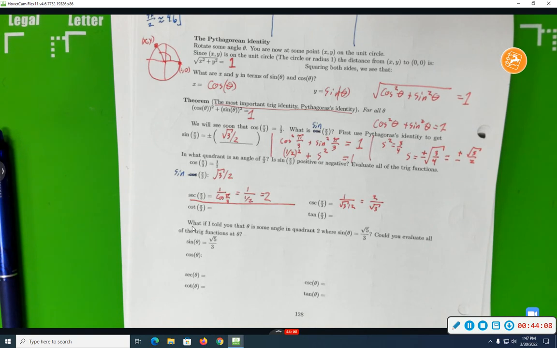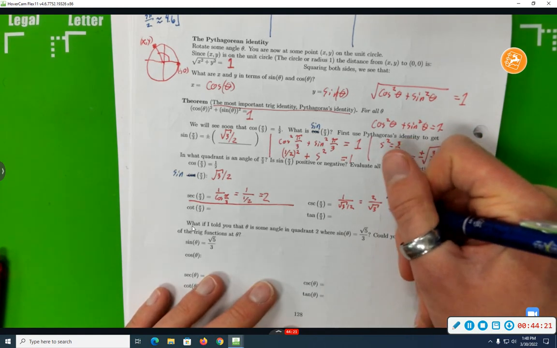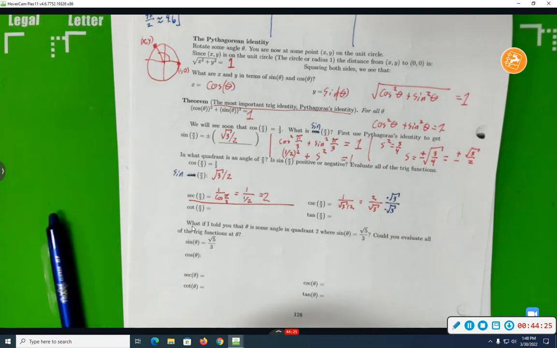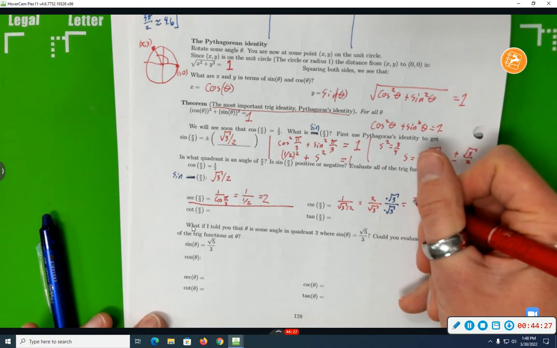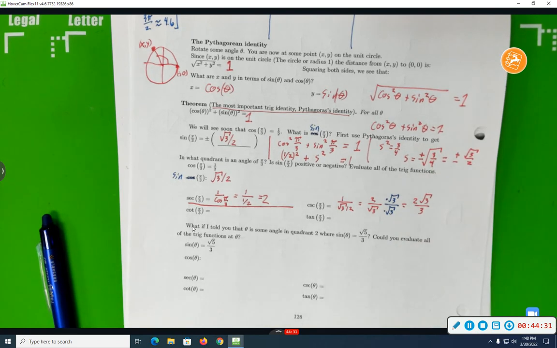I see a square root in the denominator, which makes me slightly unhappy. What should I multiply and divide by to get rid of that square root? Root 3. So I'll multiply by root 3. I'll multiply by root 3 in the denominator to make sure I don't accidentally change the fraction. Giving me 2 root 3 over 3. Cool.